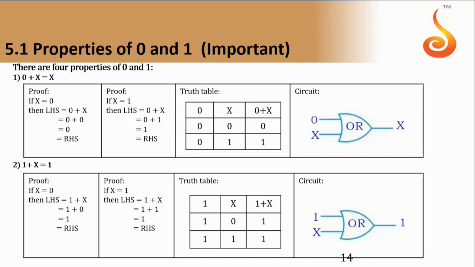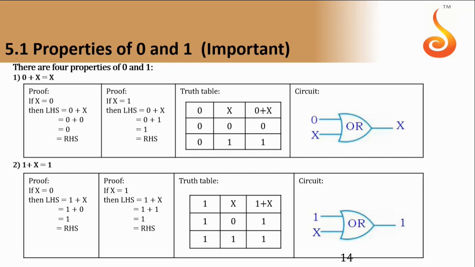If x is equal to 1, LHS is equal to 0 plus x. What is x? 1. So, substitute 1 in the place of x. So, you will say 0 plus 1 in OR. If one of the inputs is high, the output is high according to the truth table. We have written the truth table in the last class.